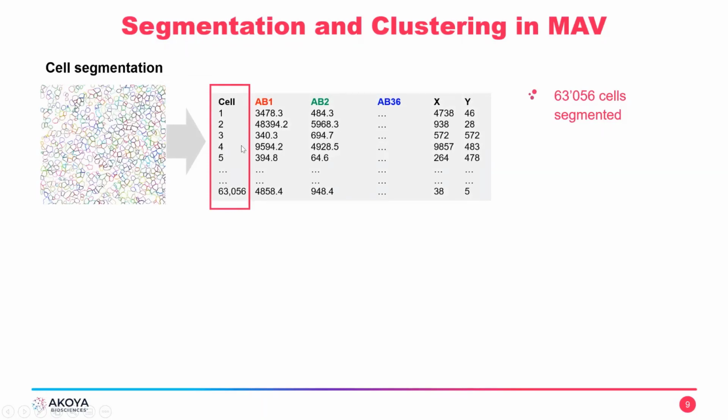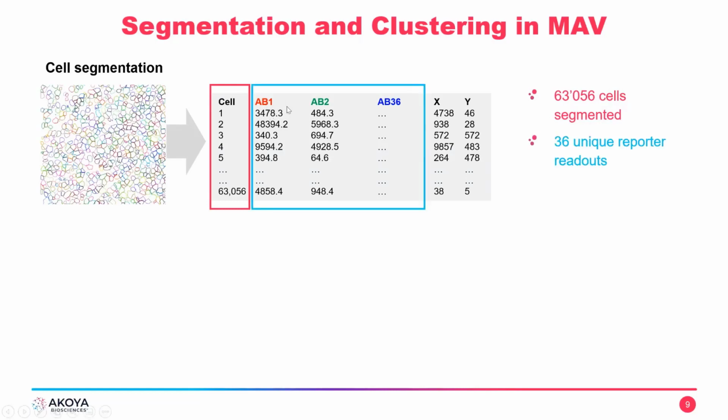In this experiment, we segmented 63,056 cells. That is the total number on the image that I had just shown you. Every cell will then be labeled with up to 36 antibodies or not, so they will have unique readouts. For example, this cell here, number 5, is labeled very, very weakly. This is a 16-bit image range.